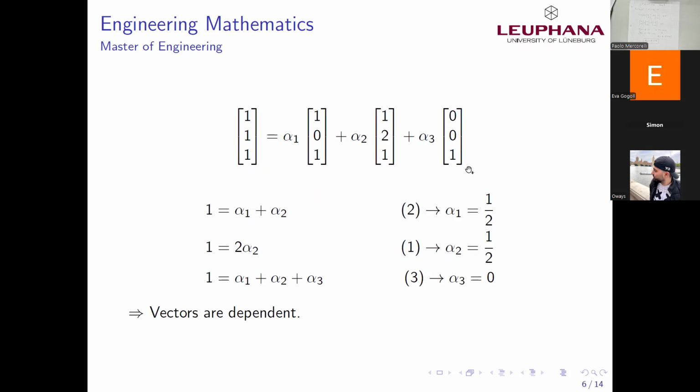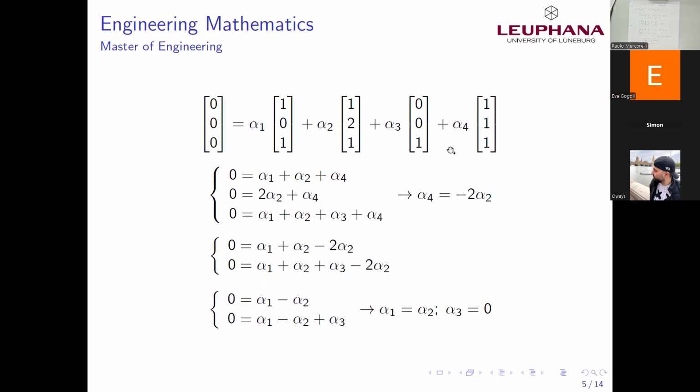Why that? Because it's as if I put this expression on the left part with minus alpha, which multiplies 1, 1, 1. And then I divide everything by alpha, assuming alpha is not 0. And then I rename everything with the new notation alpha 1, alpha 2, and alpha 3.